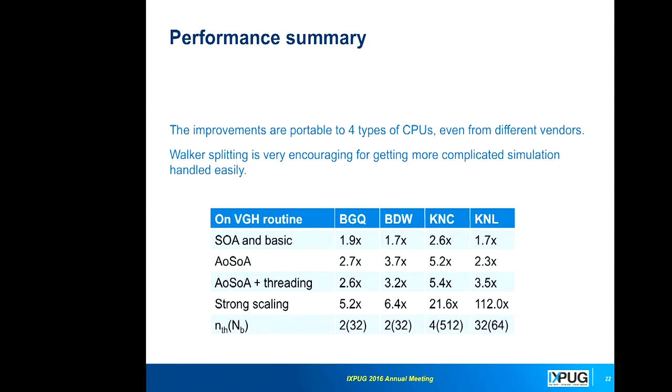It seems all the optimization schemes are very portable on the 4 types of CPUs we have, even from different vendors, like BGQ. Everything seems to work. Though the performance will be different, all the algorithms give you significant gains. So you can check those step-by-step performance changes.